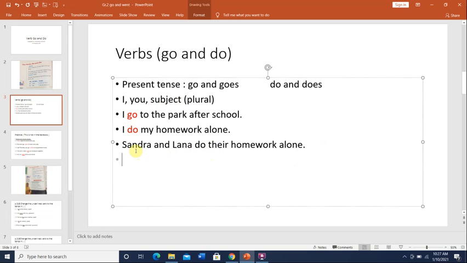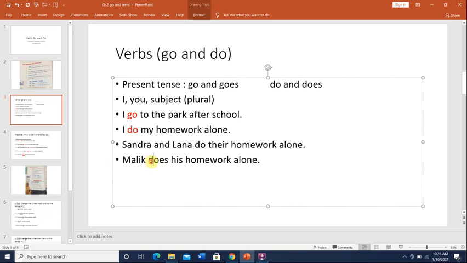But what if the sentence is about one person? For example, Malik. Will I use do? No, I will change it to does. Malik is only one person, so we add es to the verb when the subject is about one person. So Malik does his homework alone.